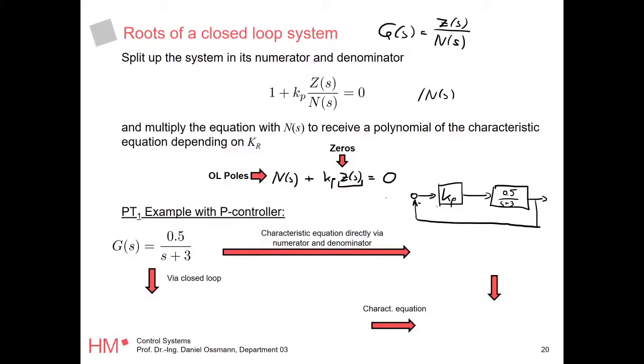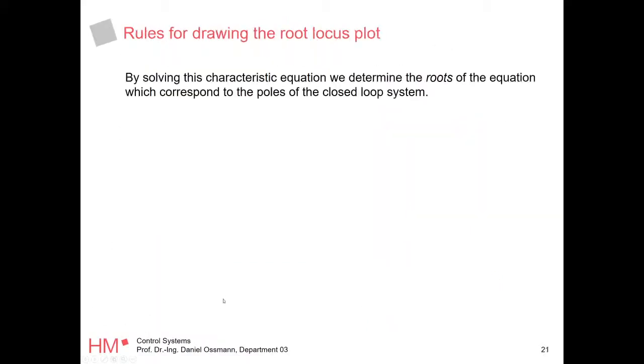Could be a question: I give you Kp of 5, what are the closed loop poles? Technically, as we have learned it, we would go as follows. T of s is nothing but 0.5 Kp over s plus 3, divided by 1 plus 0.5 Kp over s plus 3.